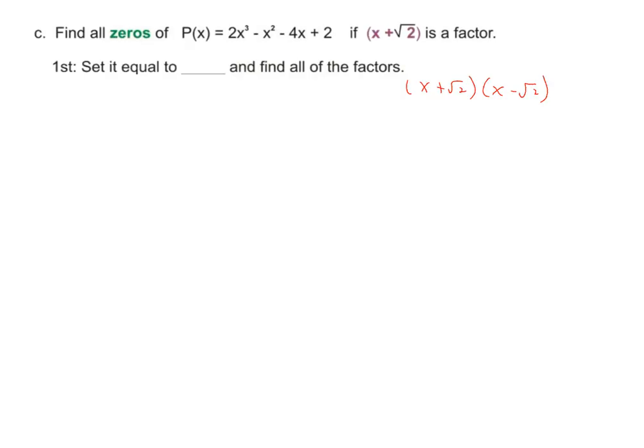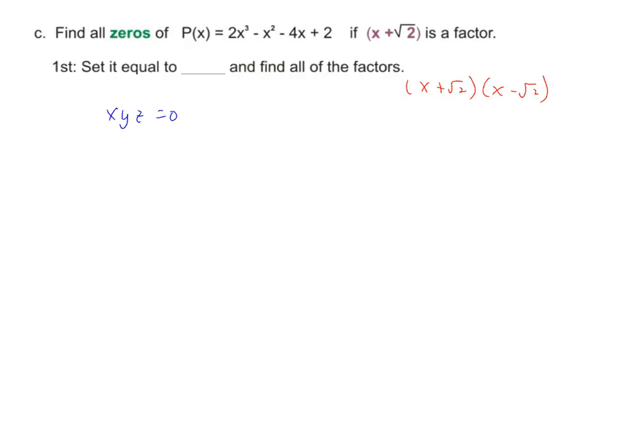Let me pause for a second to refresh your memory on something else. If we had x times y times z equals 0, then we know either x equals 0, y equals 0, or z equals 0, or a combination thereof. It's the only way you're going to end up with 0.